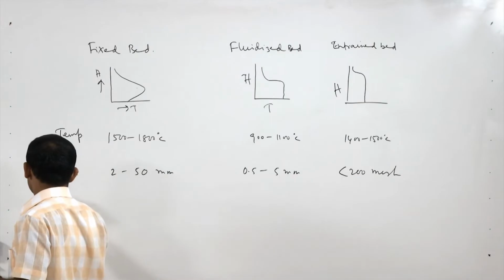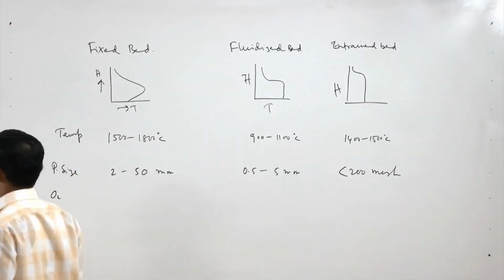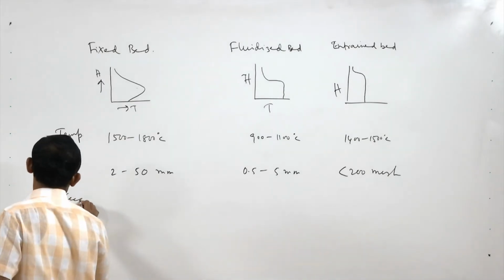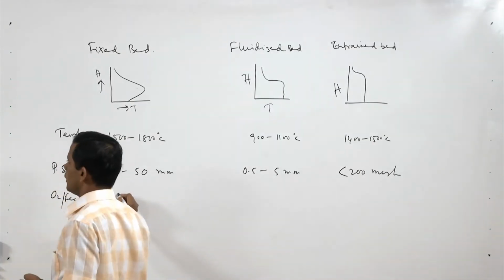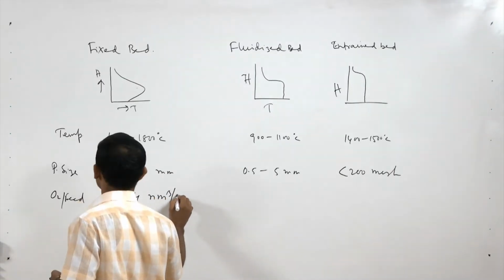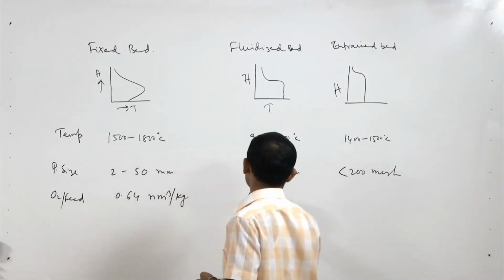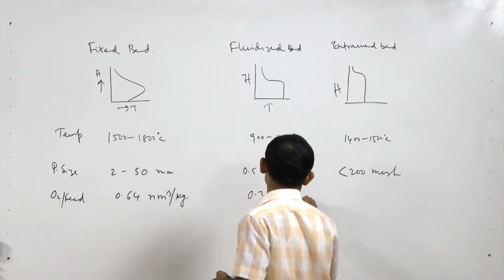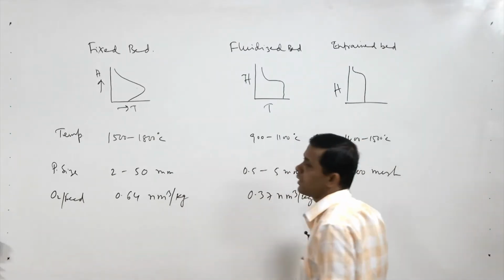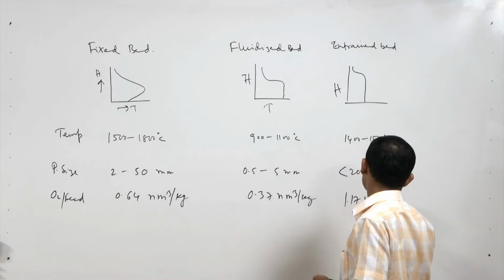If we think about the oxygen requirement, that is the oxygen by feed ratio, in this case, this is around 0.64 normal meter cube per kg, and for this it is 0.37 normal meter cube per kg, whereas for entrained bed this is higher, 1.17 normal meter cube per kg.